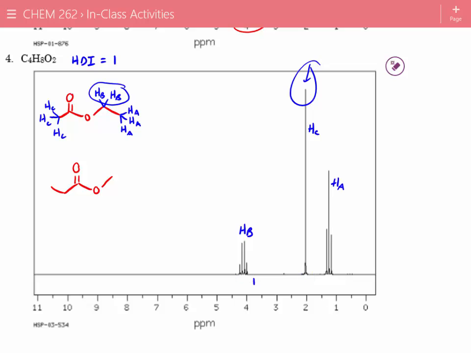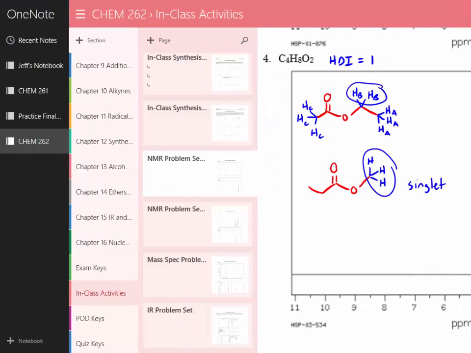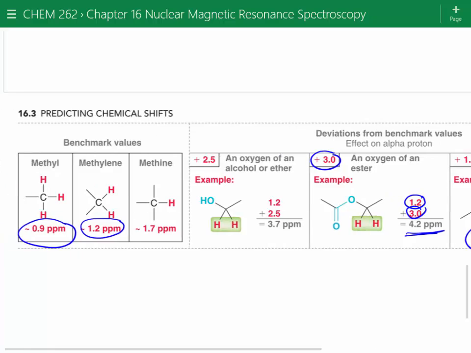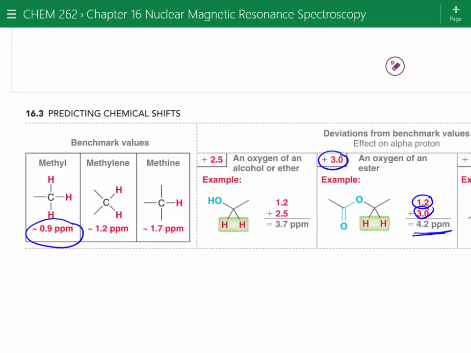Now, just for argument's sake, let's take a look at the molecule I have drawn right below. Let's take a look at this methyl group. If we go back to our chart, this has 0 3-bond neighbors. If we did have this, it would be a singlet. And when we go to our correlation table, if it's a singlet, it's a methylene peak right here.